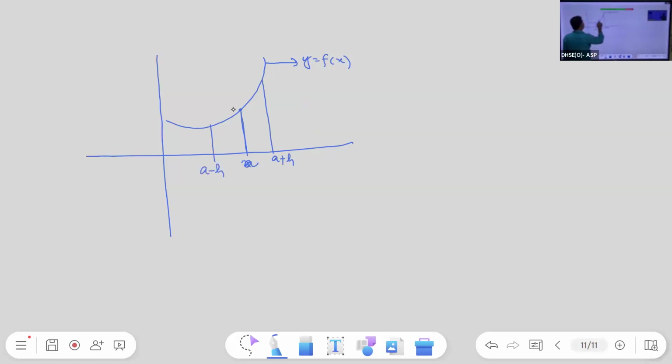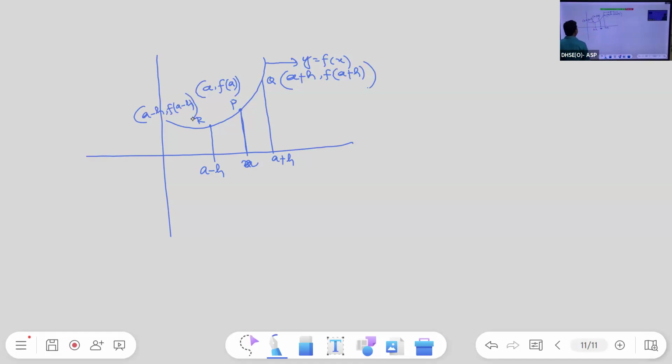This is point P. Let it be point Q and this point be R. So coordinates of point P are a comma f of a. Coordinates of point Q are a plus h, f of a plus h. And coordinates of point R are a minus h, f of a minus h.